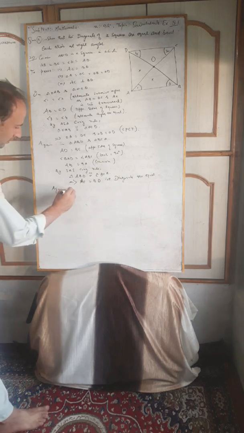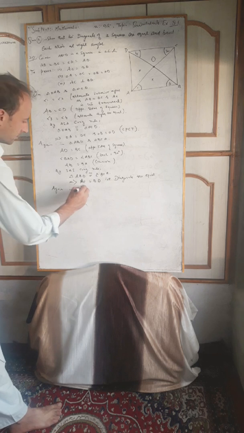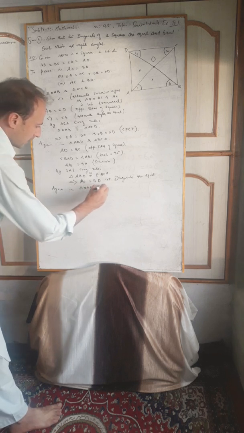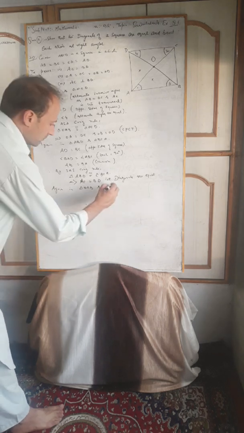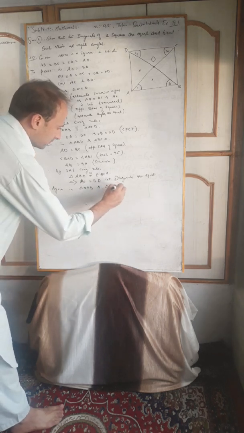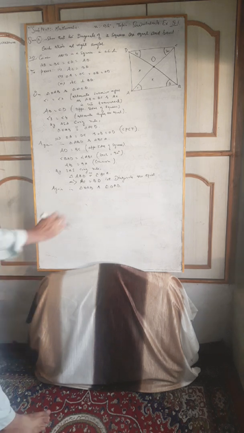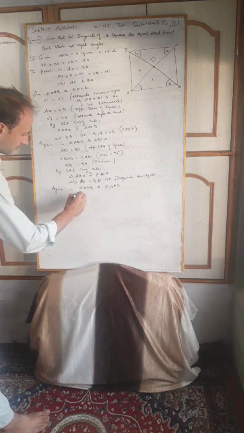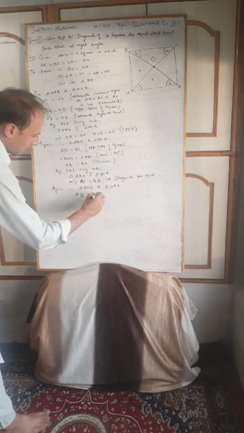Again, in triangle OAB and triangle OAD, AB is equal to AD.